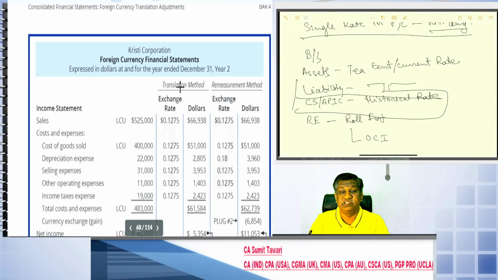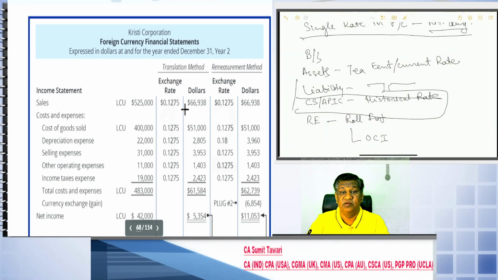Okay, for sales the weighted average exchange rate. Okay, no, we need to think for remeasurement. So you need to consider remeasurement, we are discussing. Okay, in remeasurement all PNL items except the non-monetary items we need to use the weighted average. Weighted average is given 0.1275.